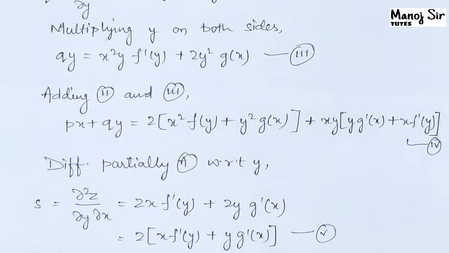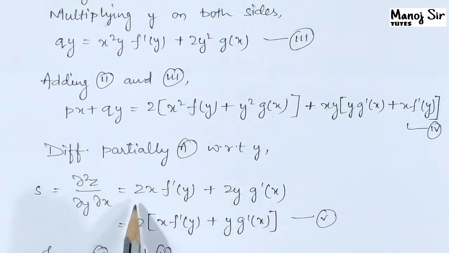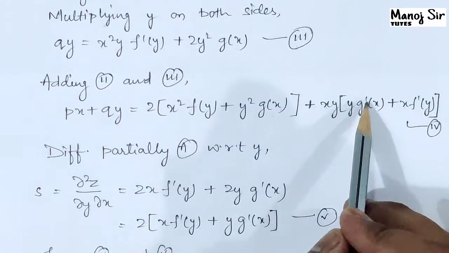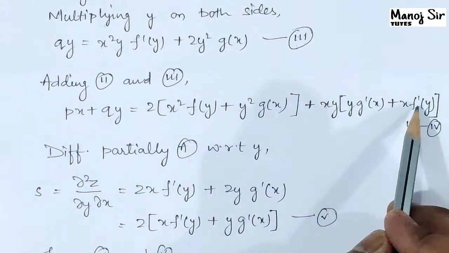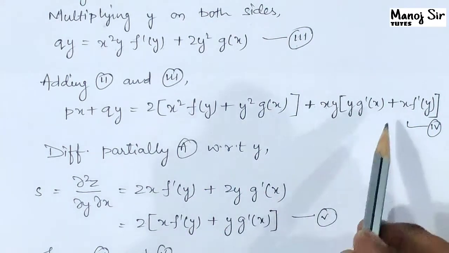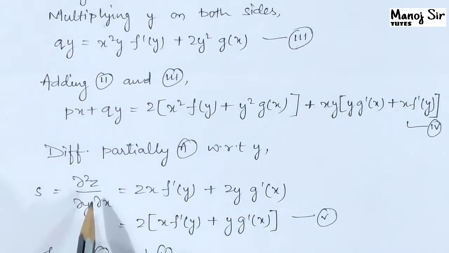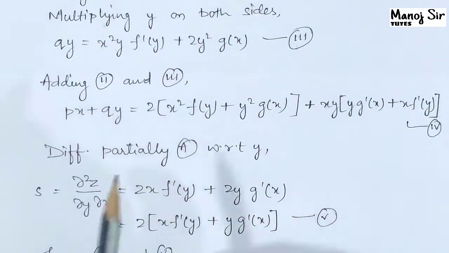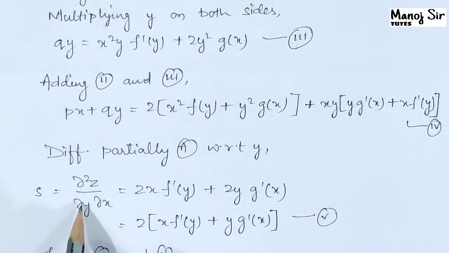Now we can take 2 common from both the terms. This is 2 into x into f dash of y plus y into g dash of x. Now here you can see y into g dash of x plus x into f dash of y. So in place of this, what can we write? Here there is another thing, that is del square z upon del y del x.